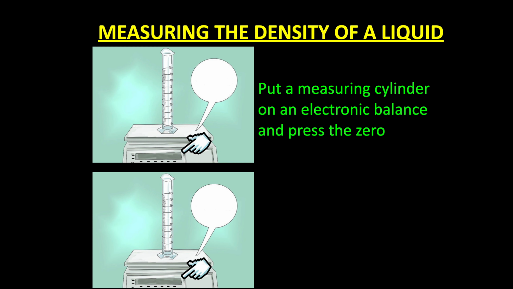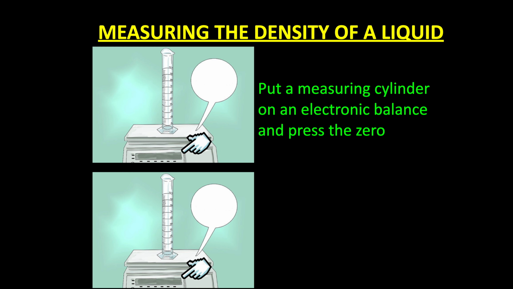Now it's important to know how to measure the density of both a solid and a liquid. But let's consider liquids first. As we just saw, the equation for density factors in both mass and volume. So we need to take measurements of both mass and volume when measuring density.